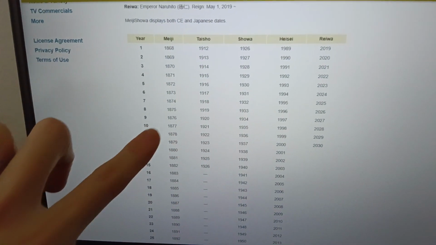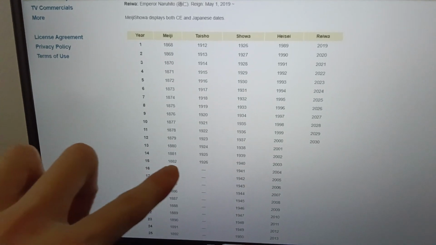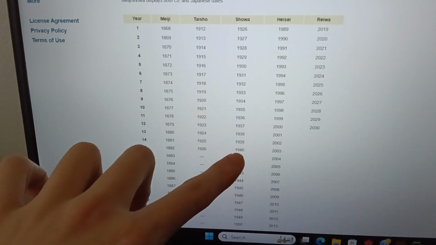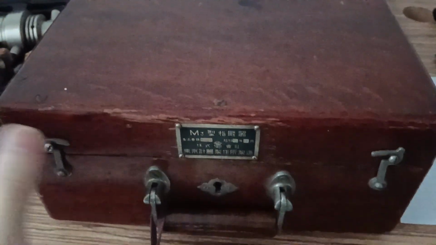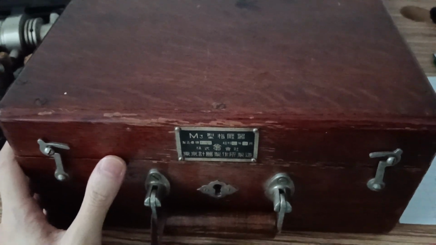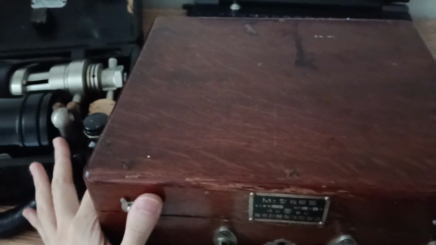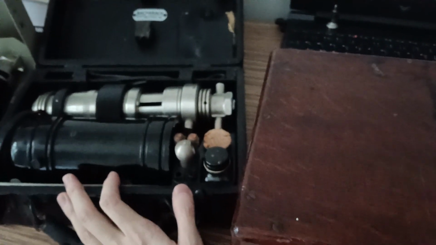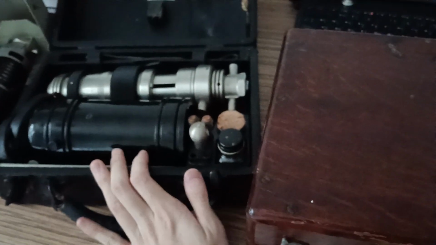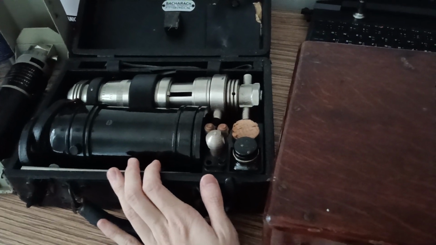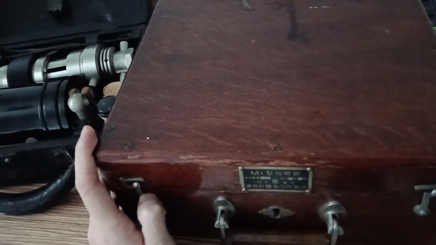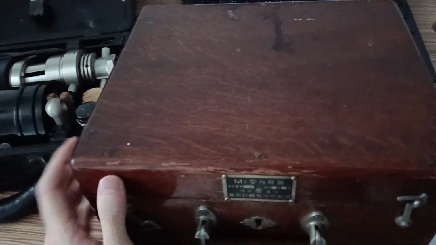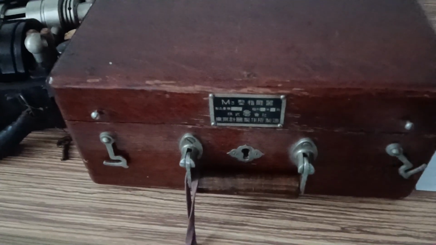Okay, let me find the 15th. It's actually 1940. So this one was also made in World War II. What is actually surprising is that this one was made for the US Army during World War II. Okay, this is just interesting, you know.